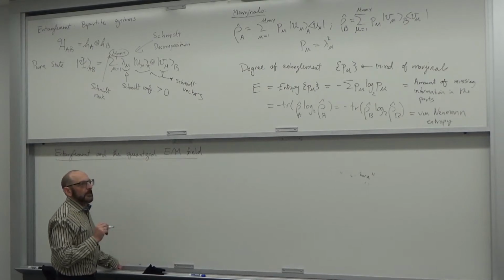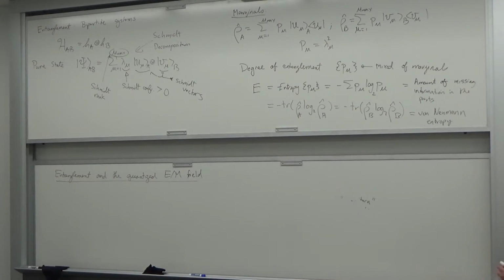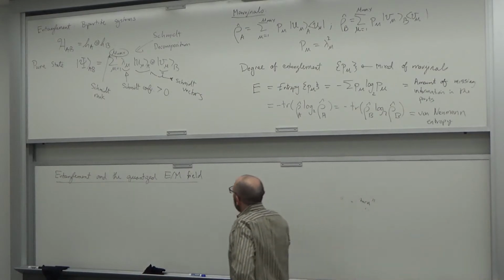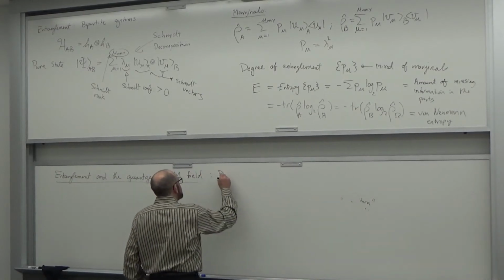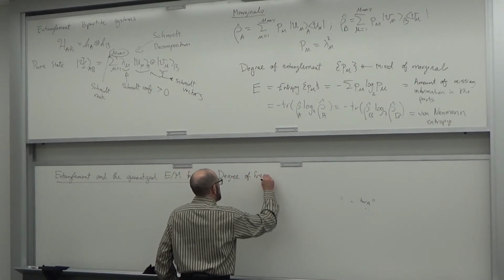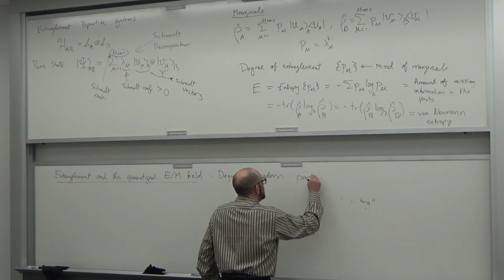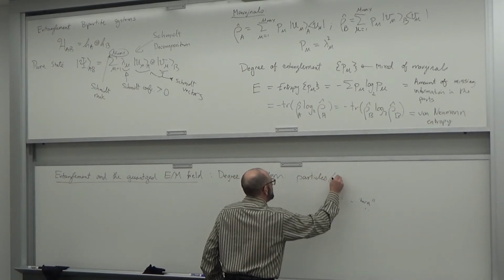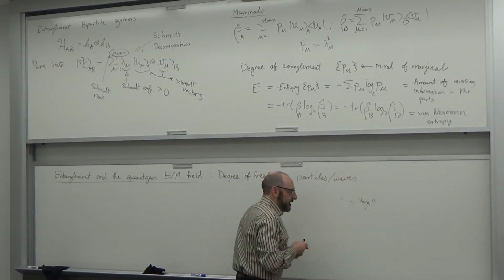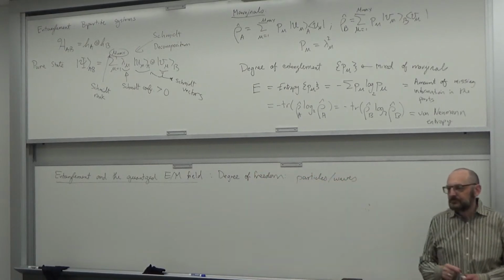So, when we think about the quantized field, of course, the degrees of freedom are not always so obvious. We got particles, and we got waves. And we can think about entanglement relative to these different kinds of degrees of freedom.